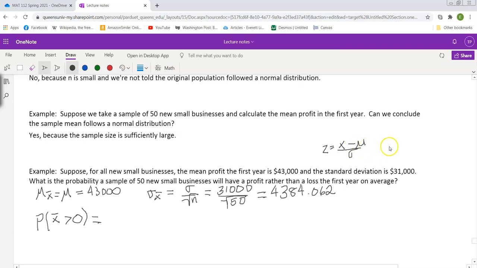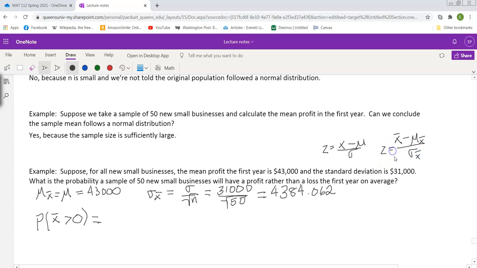Well, now we want to convert to z again, but we want to convert from x bar to z. Now we're going to do almost exactly the same thing, except now we're subtracting the mean of the x bars, and we are dividing by the standard deviation of the x bars.